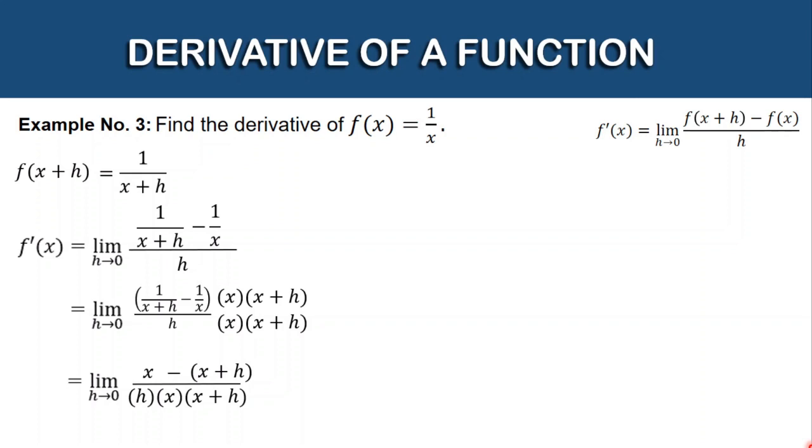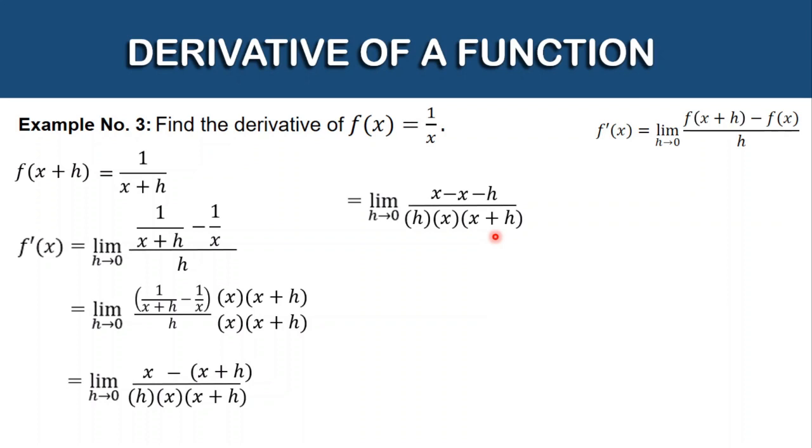Dito, simplify na lang muna natin yung ating nasa numerator. So, we're going to have the limit of x. Tapos, distribute lang natin yung negative sign dun sa lahat ng terms na nasa loob ng parenthesis. So, magkakaroon tayo ng negative x, then negative h. So, x minus x minus h. All over h times x times the quantity x plus h.